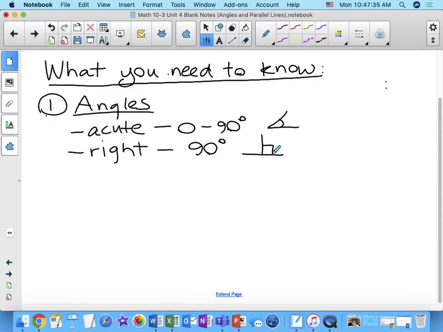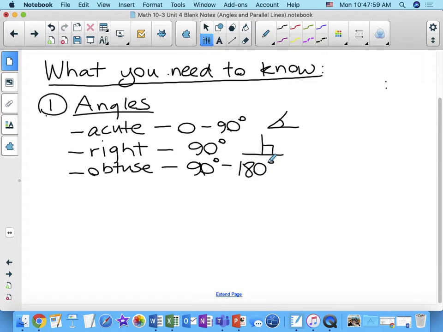Okay, and after a right angle, what's the next biggest size? Not straight. There's one in between right and straight. Yep. Obtuse, yes. Obtuse. Okay, and that was between 90 degrees and 180 degrees.